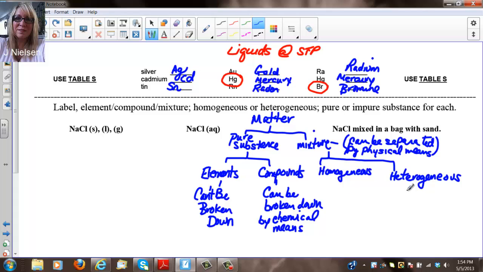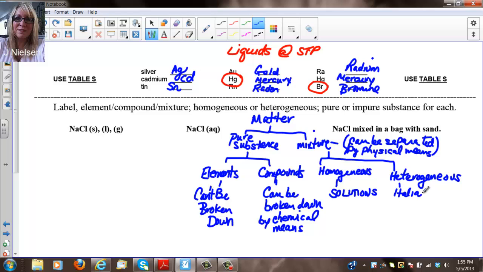So we have homogeneous and heterogeneous. Homogeneous means it's consistent throughout. So solutions, all solutions are homogeneous. Because if I dissolve salt in water and I stir it and it all dissolves, it's consistent throughout. It all looks the same. Heterogeneous is not consistent throughout, and an example here could be Italian dressing.